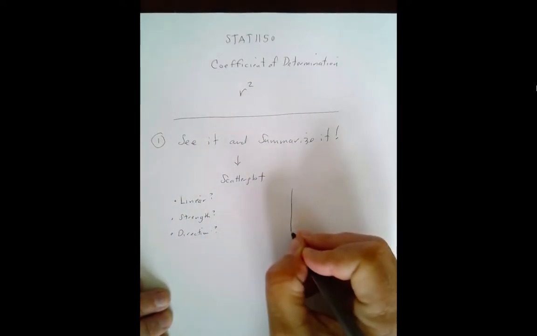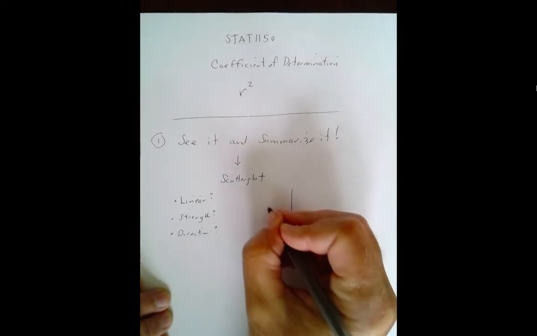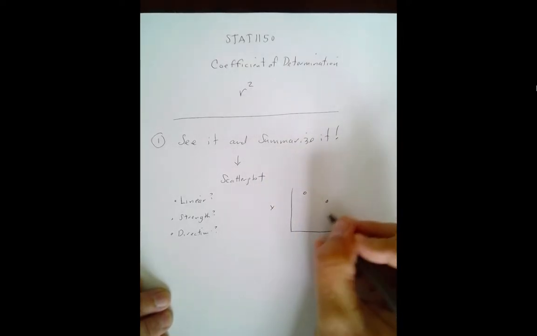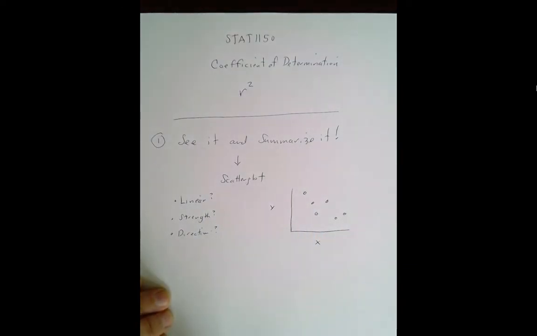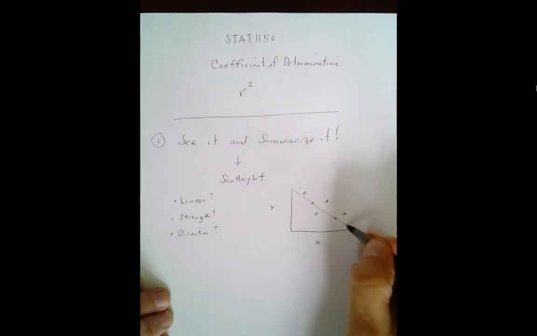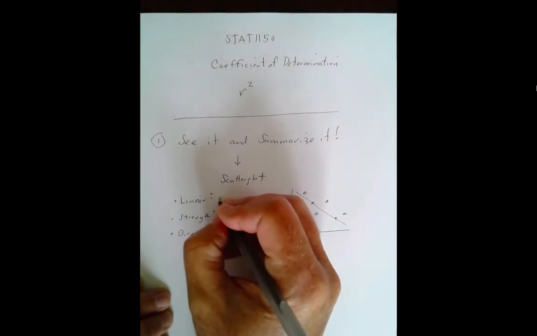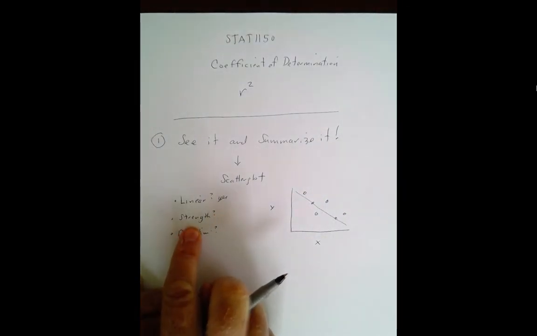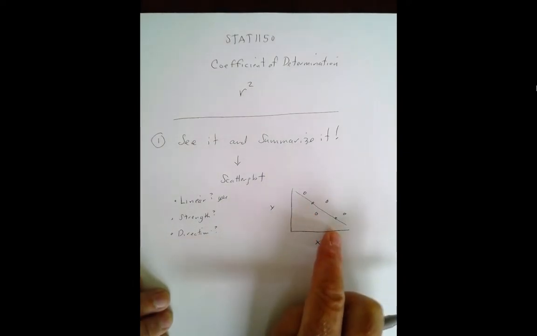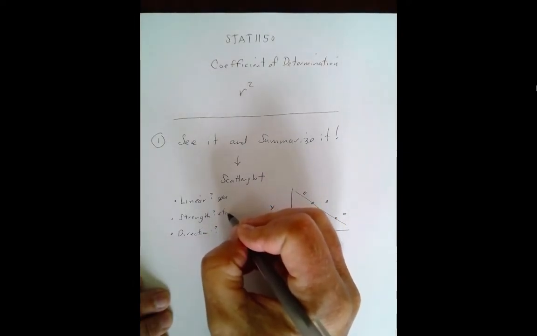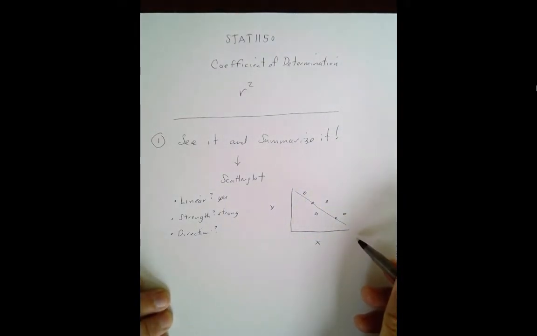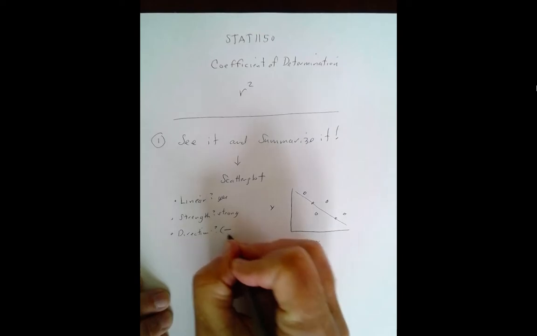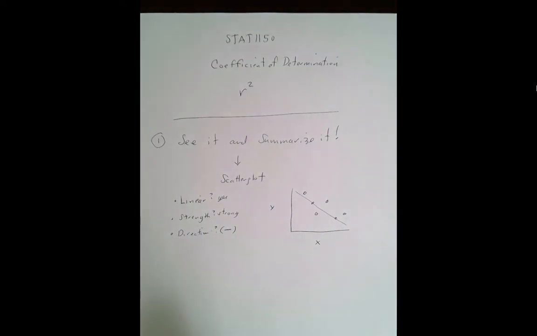So if I'm given something like this, of some just kind of random x and y, is it linear? Yep, appears to be. What's the strength? Strong, weak, or moderate? I say strong. What's the direction? Well, it falls off to the right. So this has a negative relationship.